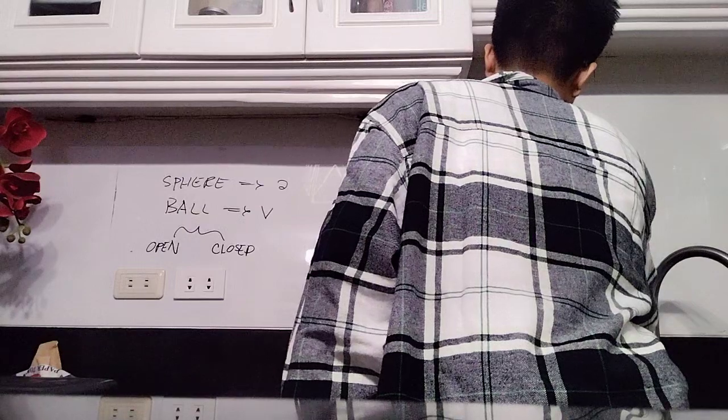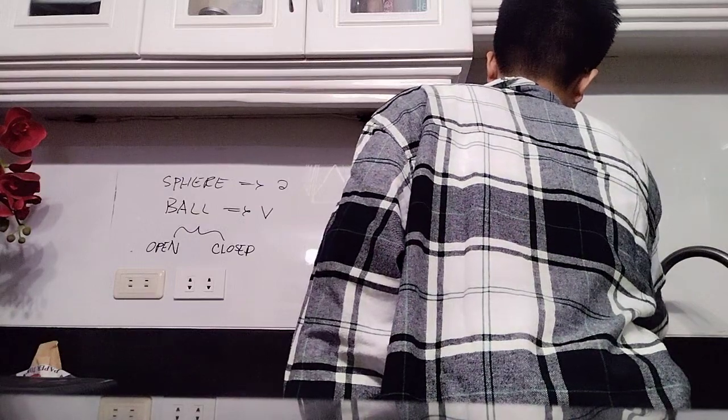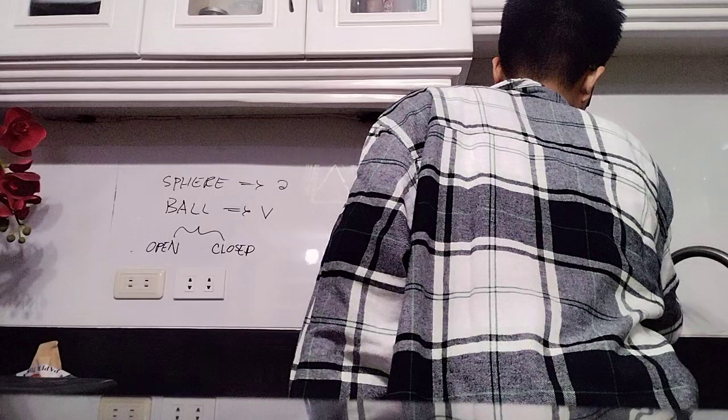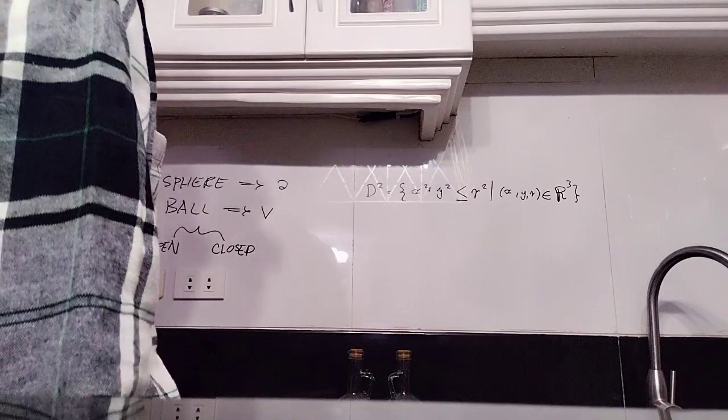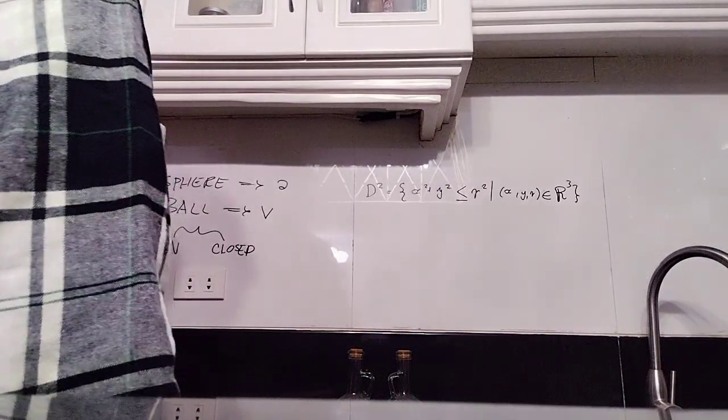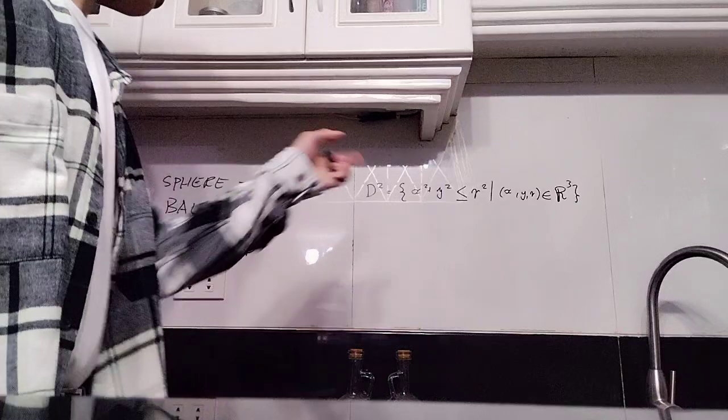And then of course x, y, and r exist in R3. So the input space is 3-dimensional, but our output space is 2-dimensional. Okay, so this is a disk. Well, it's a closed disk.